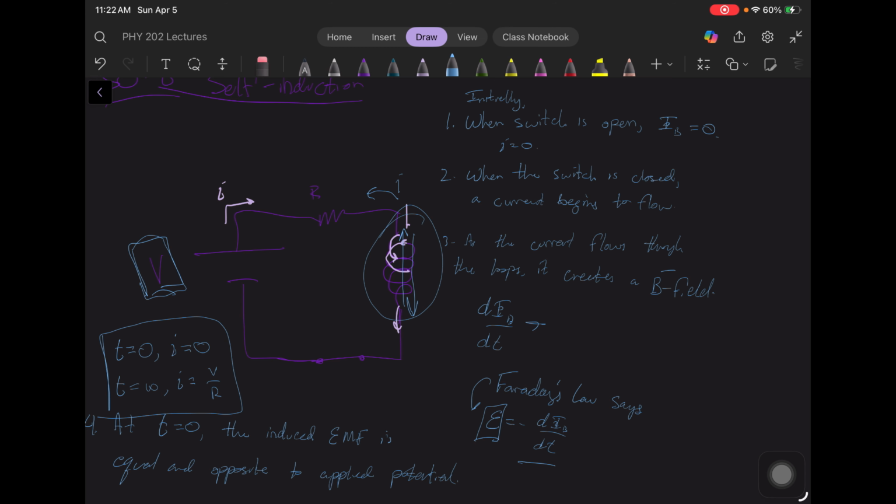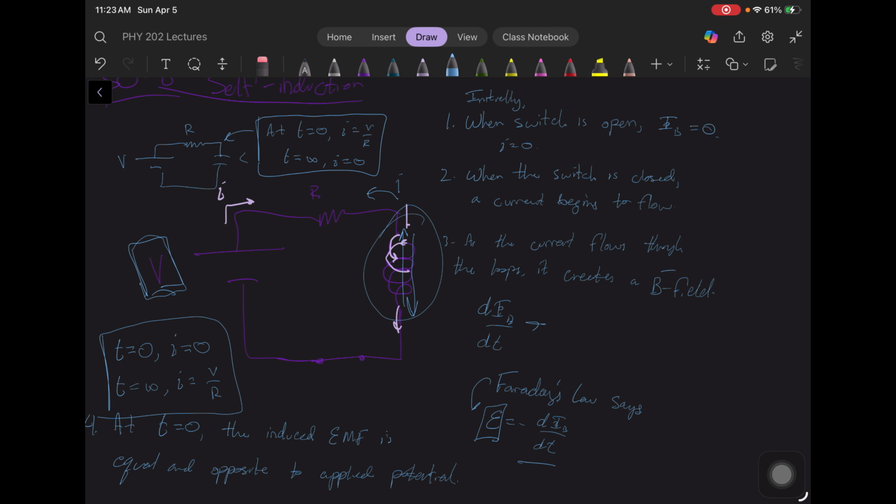Similarly to how when we had a circuit with a resistor and a capacitor, at t equals 0, I is equal to V over R, and then at t equals infinity, I is equal to 0.